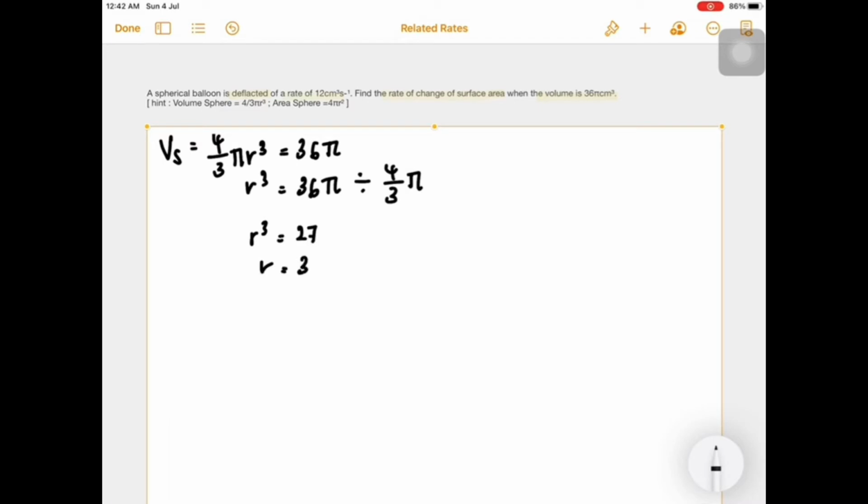So, r is equal to 3. If the balloon was inflated, it will be a positive rate of change. But in our situation, the balloon was deflated, so it will be negative 12. So what is negative 12? Negative 12 is the rate of change of volume.